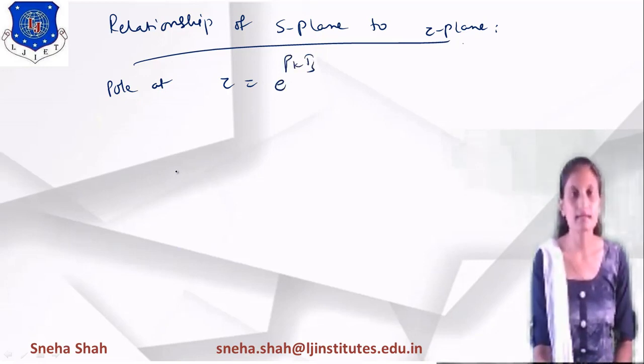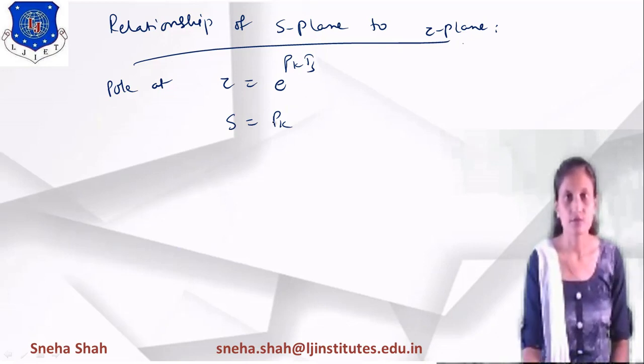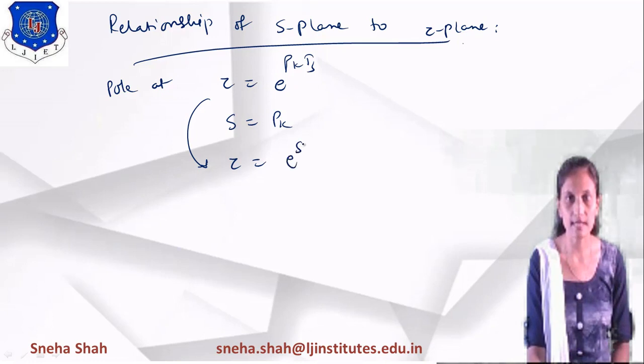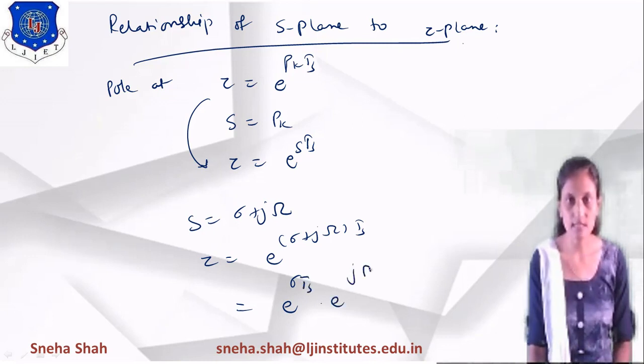In the same way, if we are representing the pole for the analog filter, then where is the pole? The pole will be located at s equals pk, right? So instead of this pk, I am writing s. So this equation will convert to the form z equals e raised to s ds. Now if we represent s equals sigma plus j omega, this term is represented as z equals e raised to sigma plus j omega into ds. Now if I am simplifying this term, it is e raised to sigma ts into e raised to j omega ts.